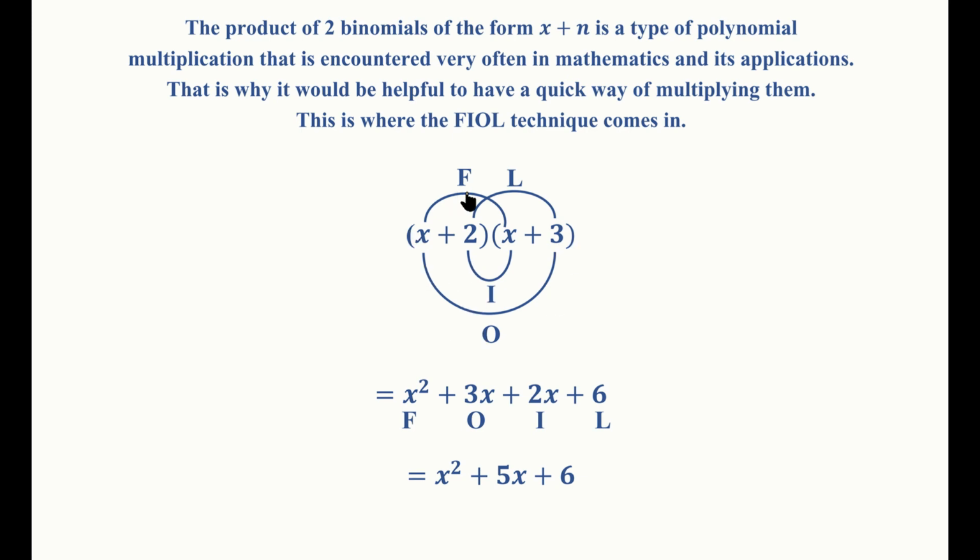So that's where the acronym FOIL comes from, F-O-I-L. So we can always multiply these by taking care of first times first, so that's where that goes, and then O, meaning the outer, right? And then I, which is the inner product, and then the last times last, so L, and we get this.